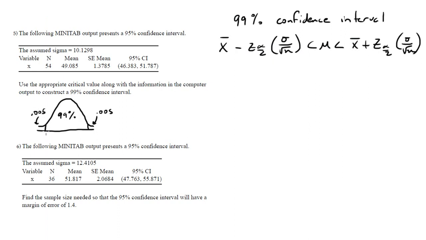So that means this value here on the left is negative 2.58. This value here on the right is positive 2.58. Those are my Z alpha over 2 values. If it was a 95% confidence interval, each of these would be 0.025, because that adds up to my 0.05, my 5%. Go to the table for that, and there we go.